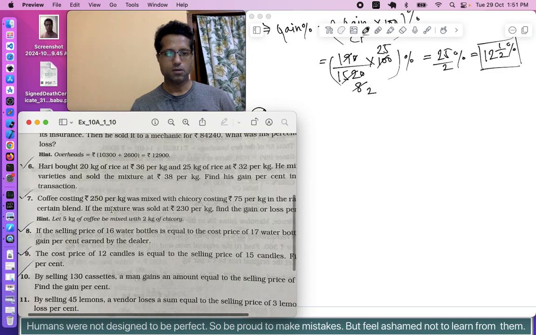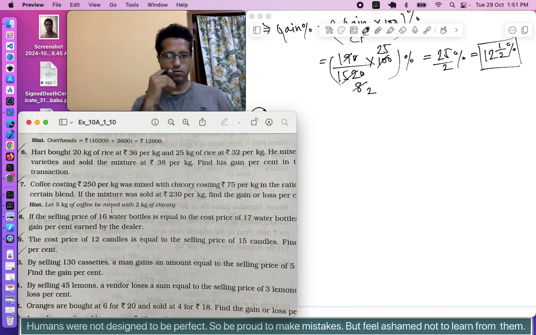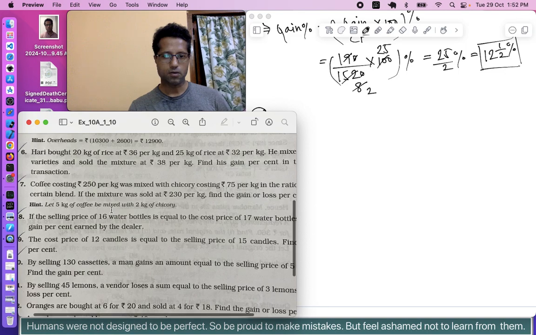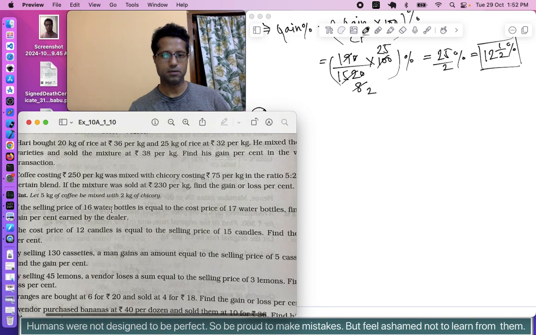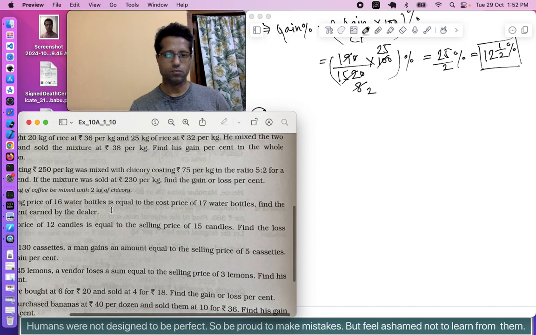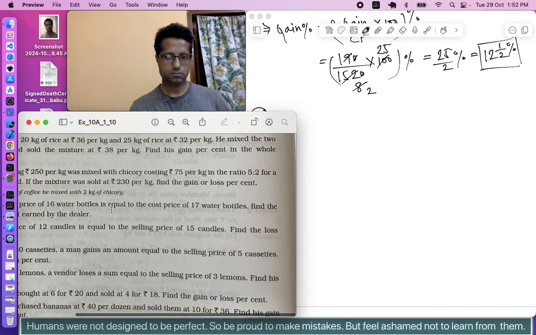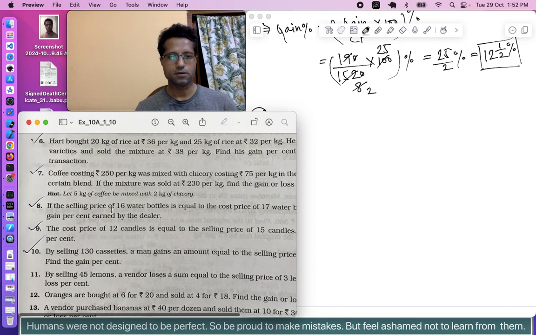Okay, so coffee costing rupees 250 per kg was mixed with chicory costing rupees 75 per kg in the ratio 5:2 for a certain blend.